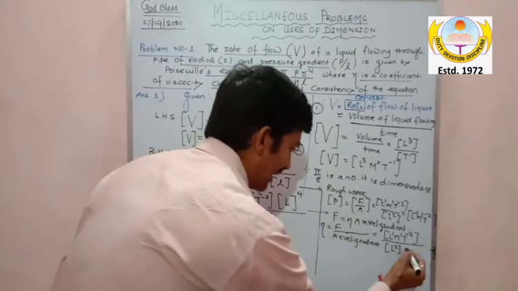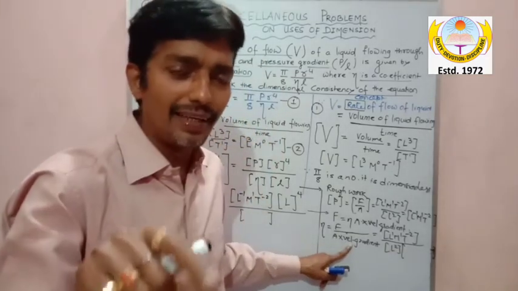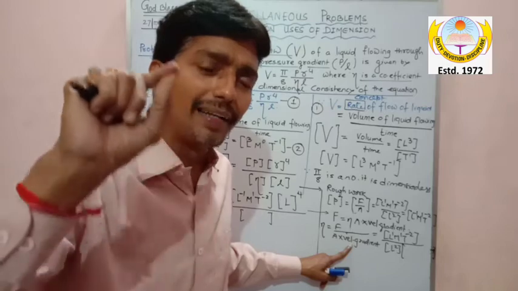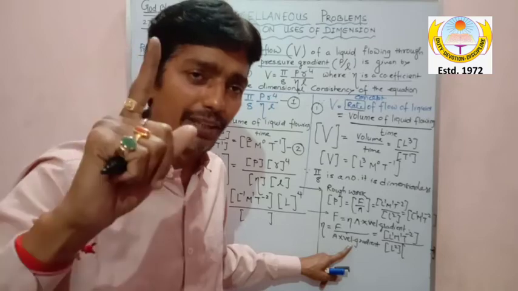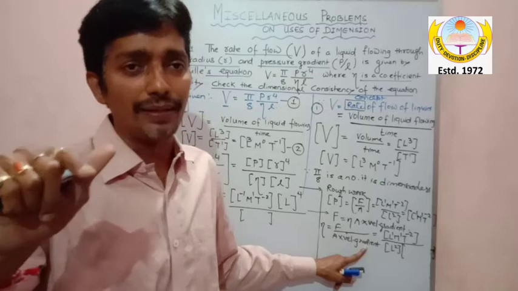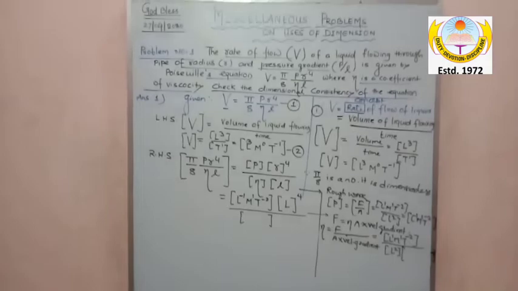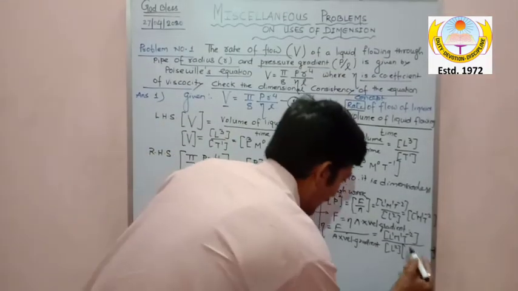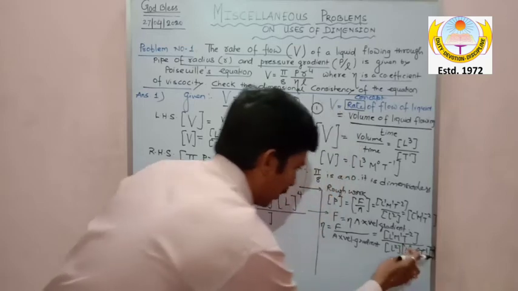And the velocity gradient is velocity upon length. Recall the dimension of velocity: L1, M0, T minus 1, divided by length, because it is a gradient, so divided by L power 1. L power 1 divided by L power 1 is L power 0. So I got L power 0, M power 0, T power minus 1 for the velocity gradient.